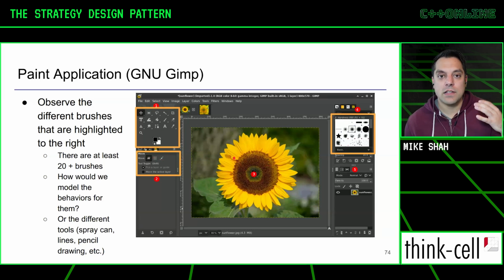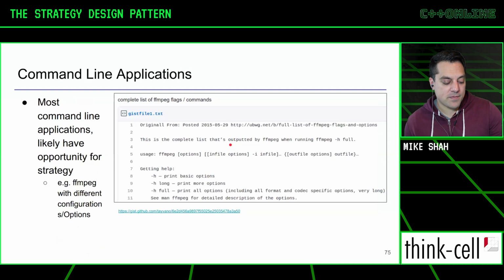Are you moving the actively selected object, the whole layer, or so on? And of course the different brushes could be a potential strategy. Now we could also think about these brushes, depending on how they're designed, with other patterns like decorators and so on. We could use strategy a lot for the tools here.